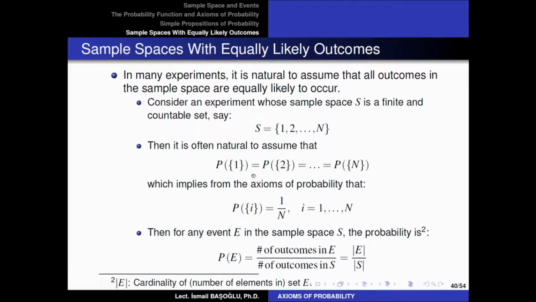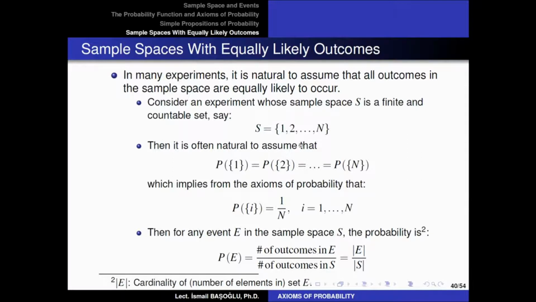And we know that the sum of disjoint events in the same sample space is going to be equal to their union. And the union of all outcomes here gives us the sample space. Therefore, using the axioms of probability, we can see that in such a case where we have a sample space where each outcome has the equal chance to occur, the probability of each outcome should be equal to 1/n.